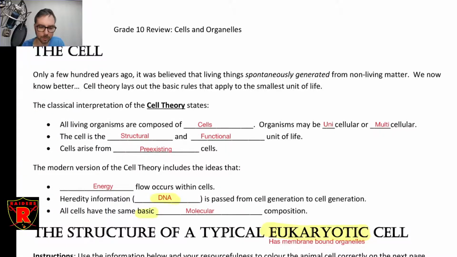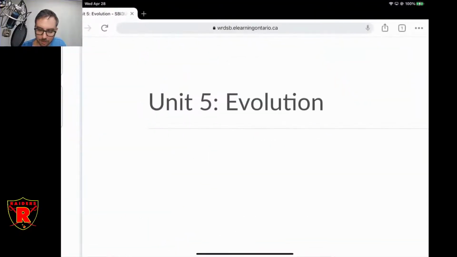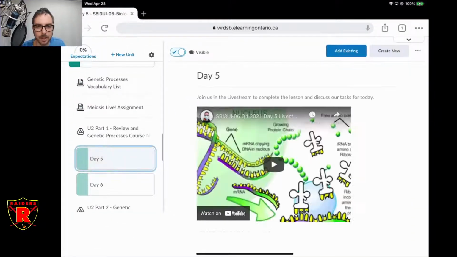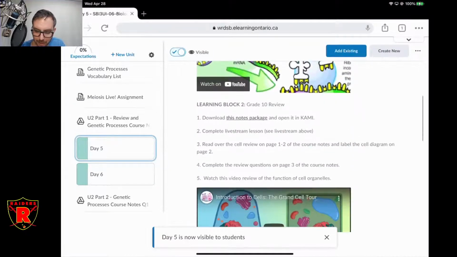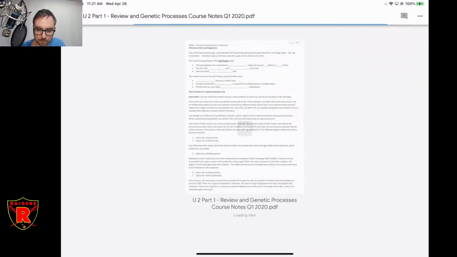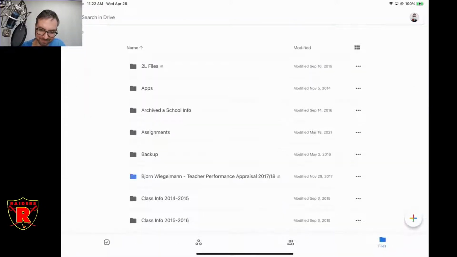What page am I on? Good question. I'm on the first page of the new notes package. So if you go to day 5, which is today, but underneath the genetic processes unit, the very first thing you see there is download this notes package, which is the notes package that we're currently using. So this is the notes package for the genetics unit, and I'm on the first page.